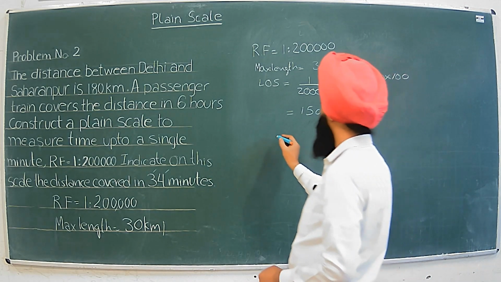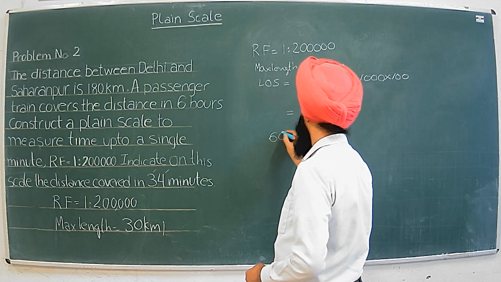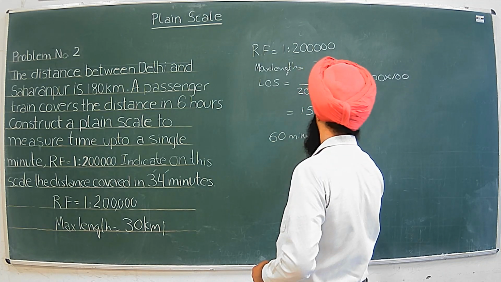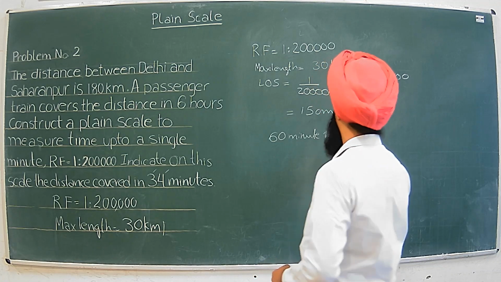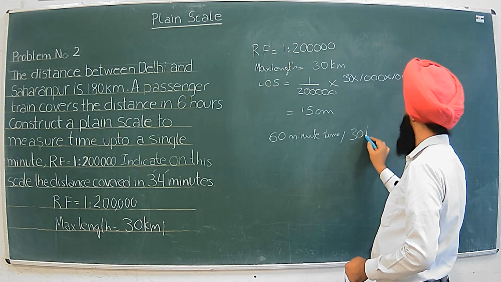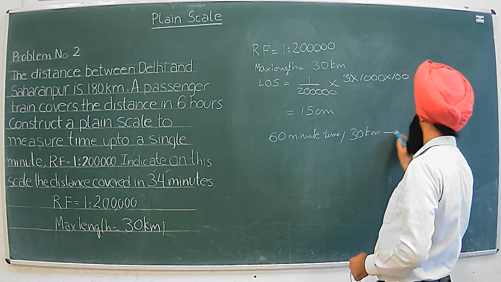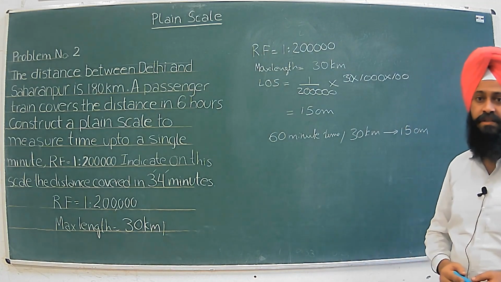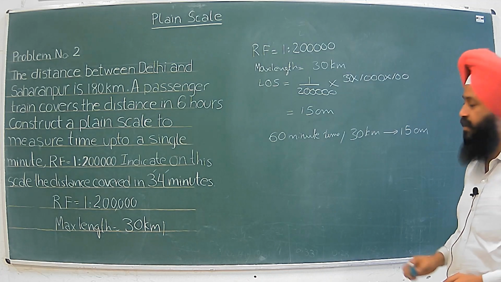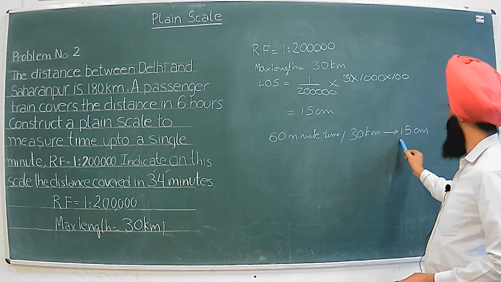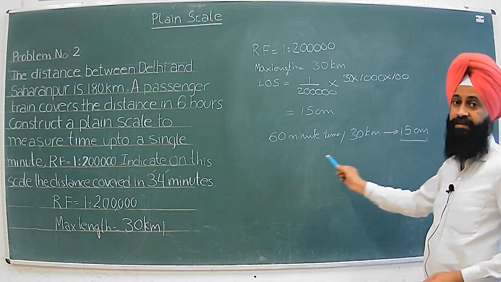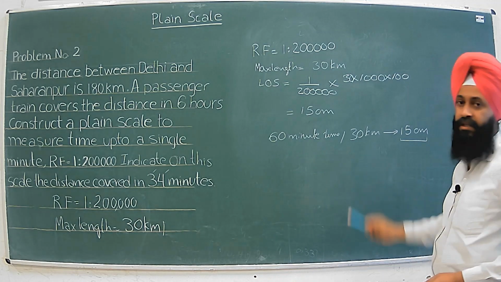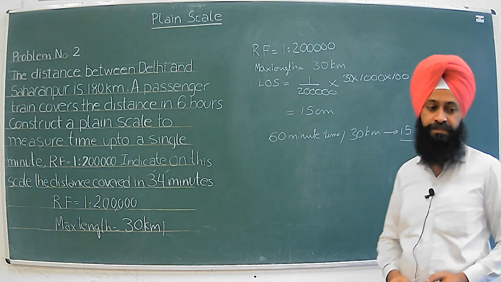So we can say the 60-minute time or 30 kilometer distance is represented by a length of 15 centimeters. This scale of 15 centimeters will represent 60 minutes and 30 kilometers simultaneously.